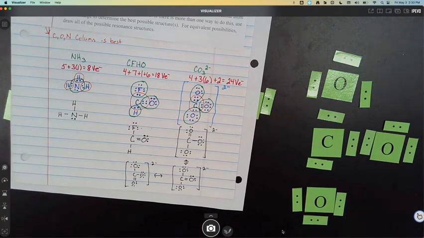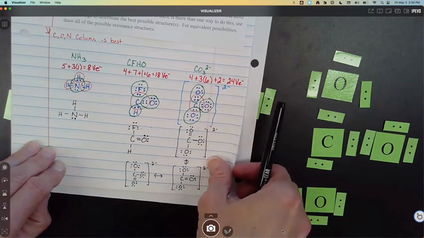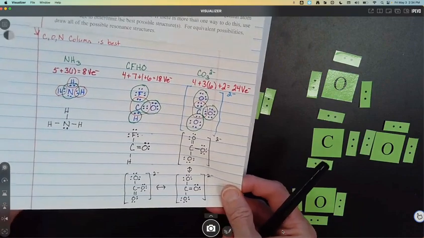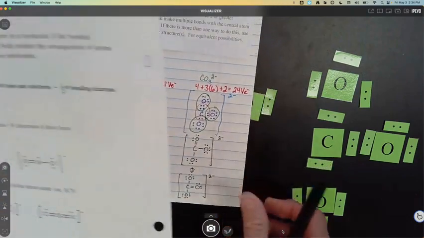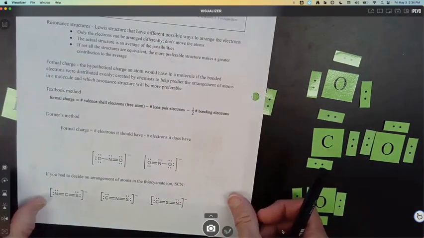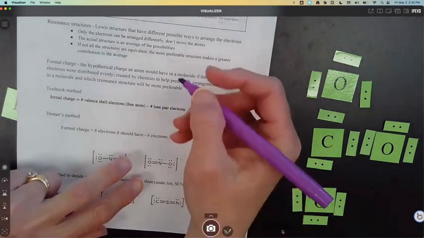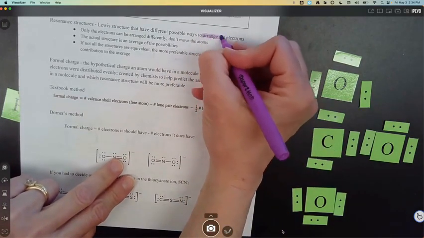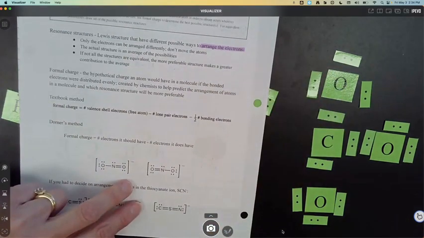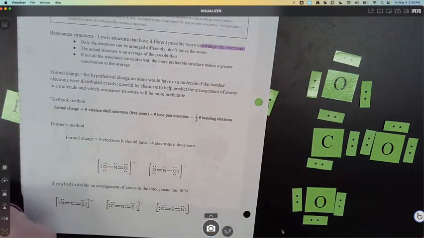I just have to be the bearer of the bad news that you have to draw them all. This complete collection of all the equivalent Lewis structures is called resonance structures. Lewis structures that have different possible ways to arrange the electrons. And so we have to draw them all.